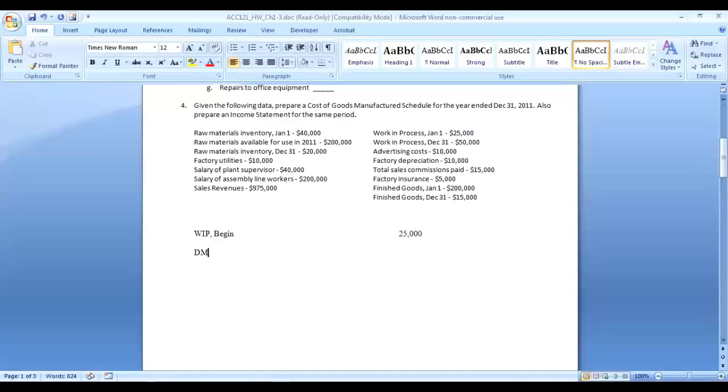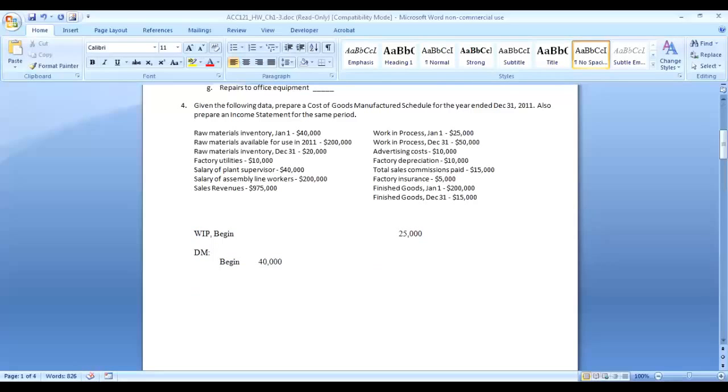So direct materials, we want the amount used, right? Given what I know here, how can I determine what I actually used for this period? Your beginning plus your total add, minus what was there at the end of the period. Yeah, so I had to do a little extra math here.